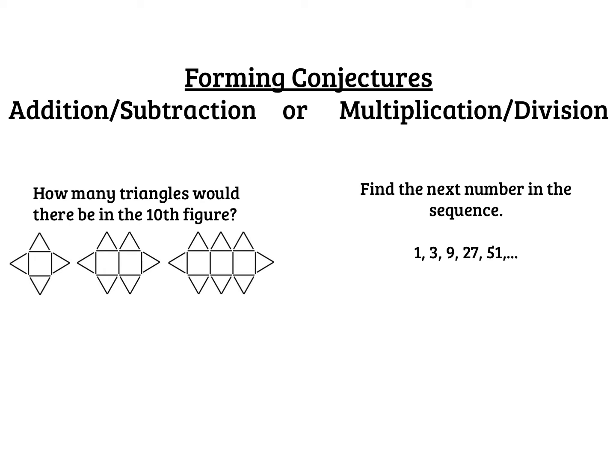So how do we form conjectures? How do we think about it? There's several ways, right? You can think about, am I adding or subtracting something consistently? Is this pattern occurring over time? What's changing here? Or is it multiplying or dividing? Am I multiplying by something or dividing by something?